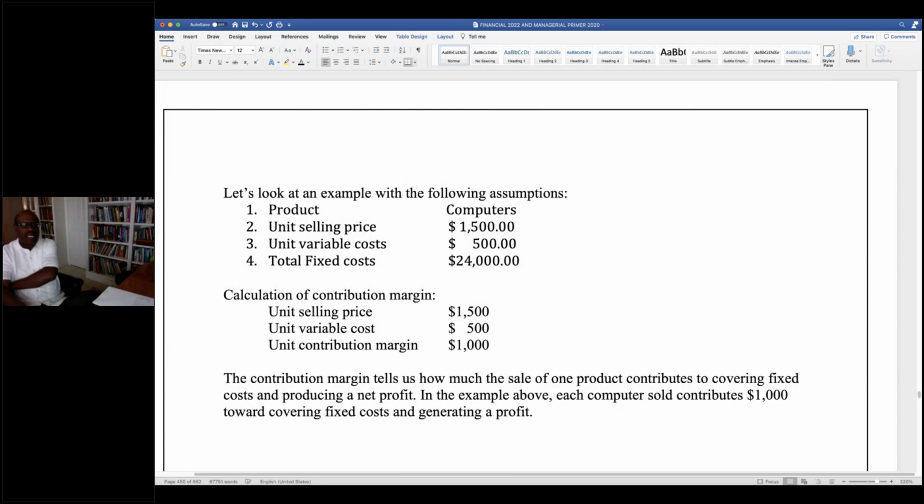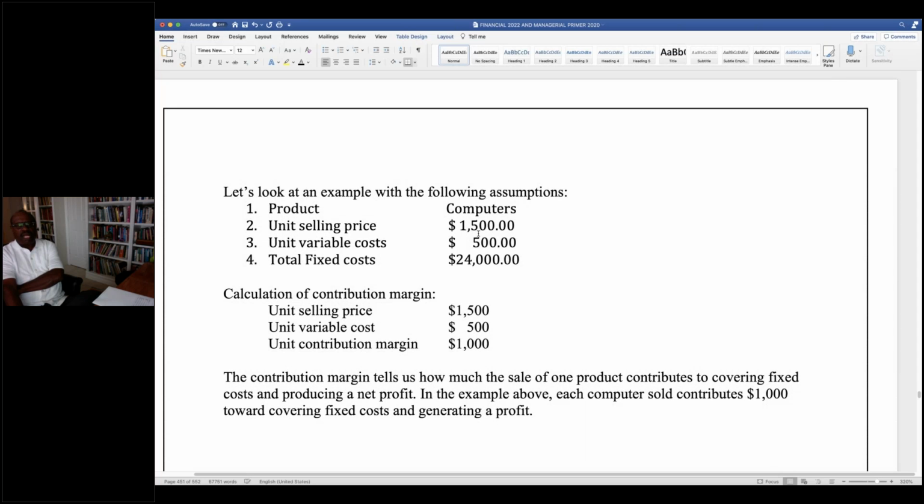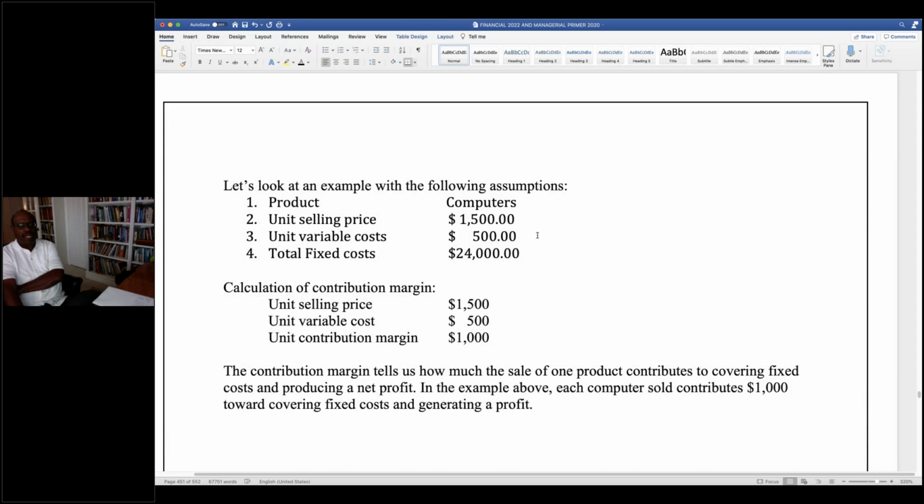So let's see if we can work with this in an example. Suppose we're selling computers. The unit selling price is $1,500. Variable costs are $500 and fixed costs are $24,000. So those are our assumptions.